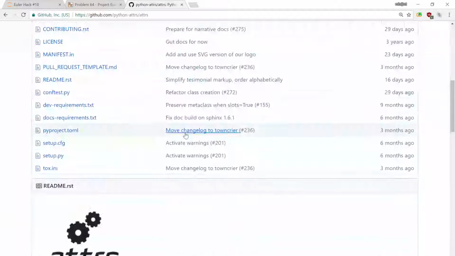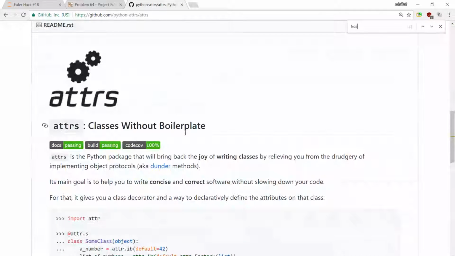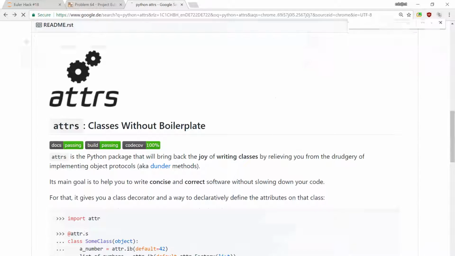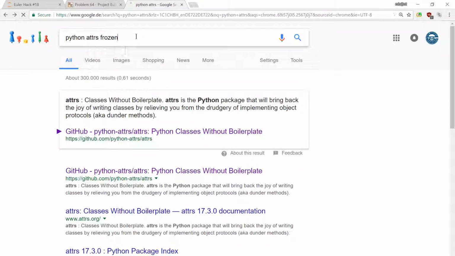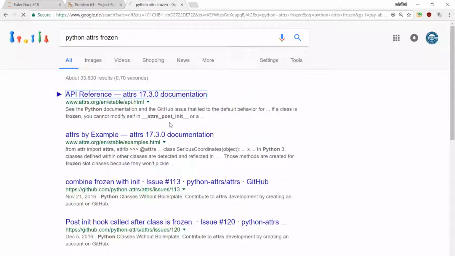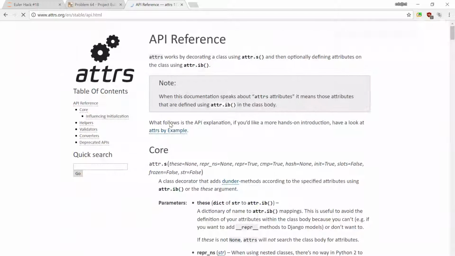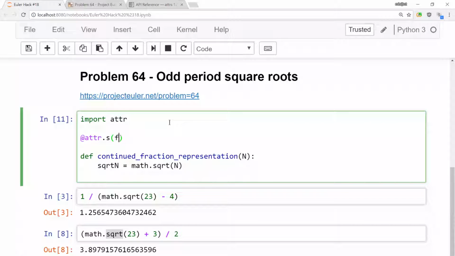So there's a frozen thing here, isn't there? Frozen. Oops. Wasn't there? Okay, Python attrs frozen. Go. Frozen. Okay, so I didn't remember that correctly. Frozen true.